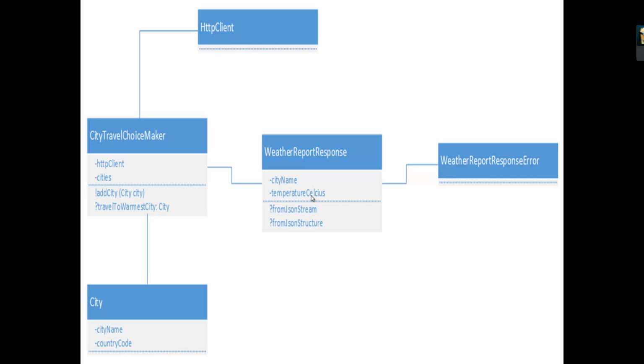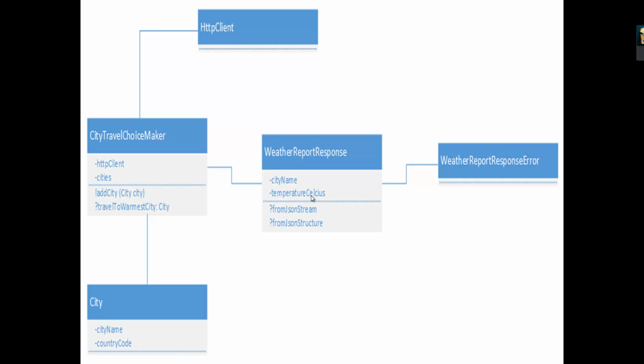Then we have a proxy on our client, on our side, for the response, the weather report response. And of course, there might be some error that we want to throw. And the city class is simply representing the city. So this is a very anemic object that only has two members.